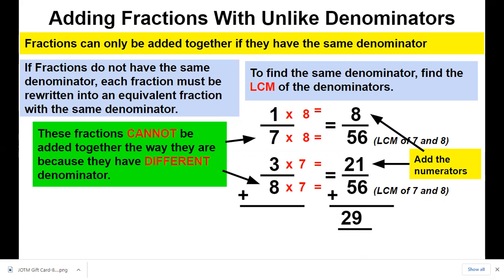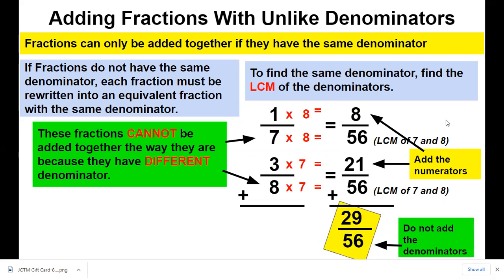The 56 just stays on the bottom. Do not add the denominators. So now we have our answer to 1/7 plus 3/8. It is 29 over 56. There is our answer. We're going to do some more of these in practice.